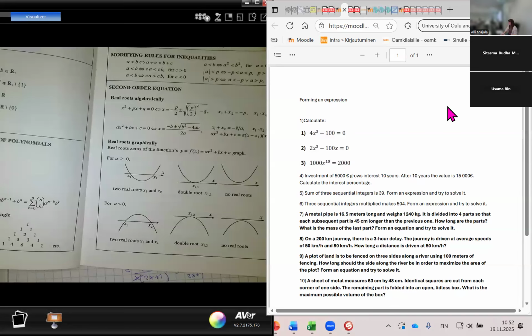So these ones, the first ones here are just simple calculations. Well, yeah, you just have to take like a root.